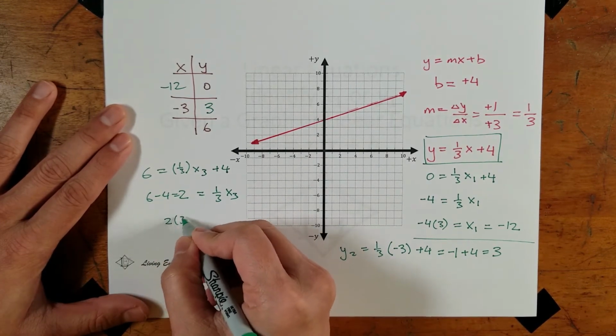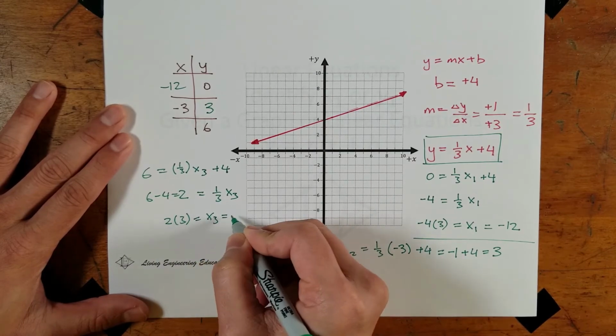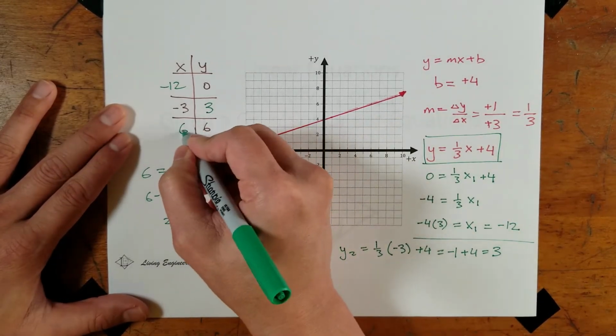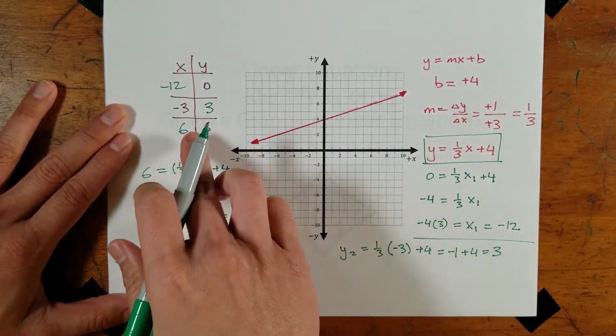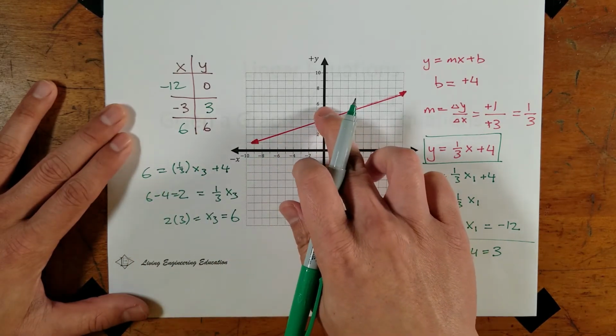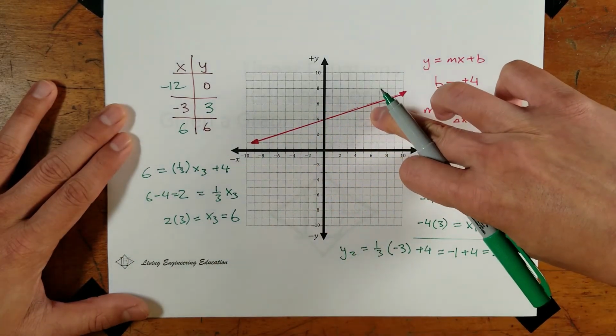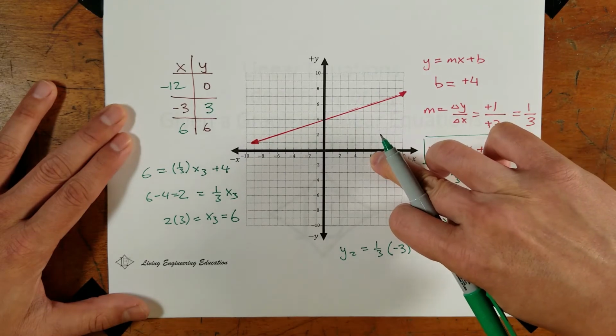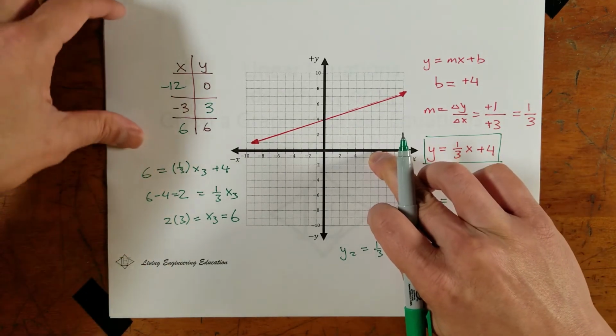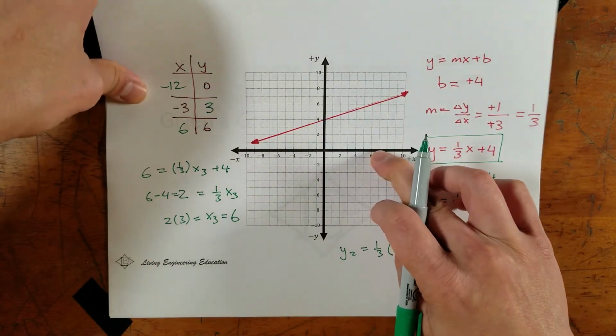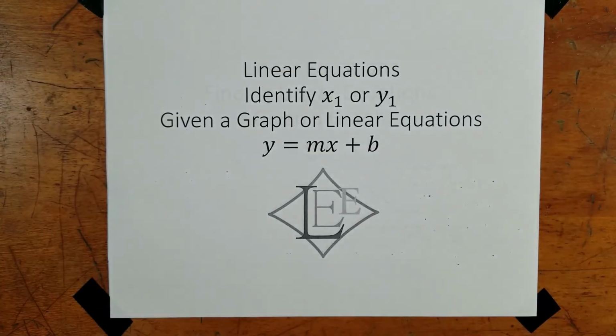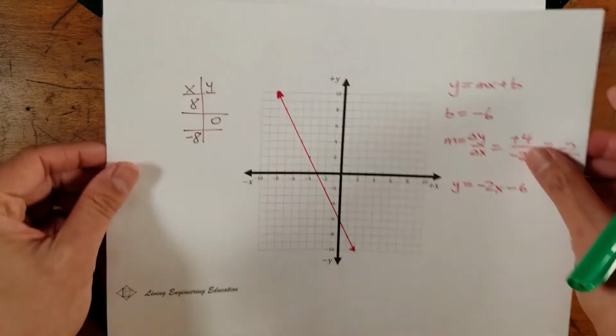So 2 times 3 is x3, or x3 is 6. And then we can check when y is equal to 6, you're up here, your x value is also 6. So that matches. Okay, so we're going to do one final example problem.